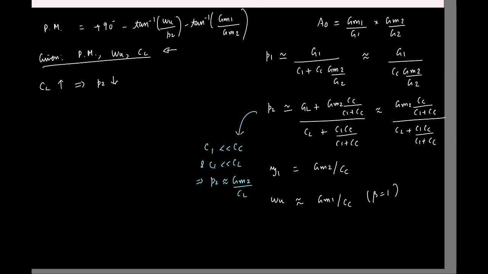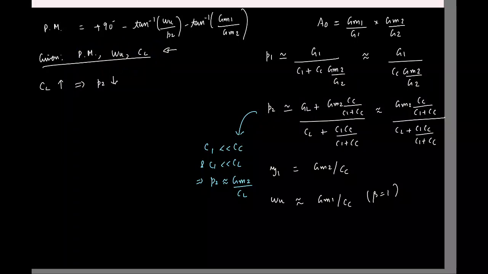Phase margin degrades, right? Because to have a good phase margin, all my higher non-dominant poles must occur much greater than the unity gain frequency. Now it is coming closer, and even mathematically you see that this fraction is going to increase. So the phase lag due to that will increase and phase margin will degrade.